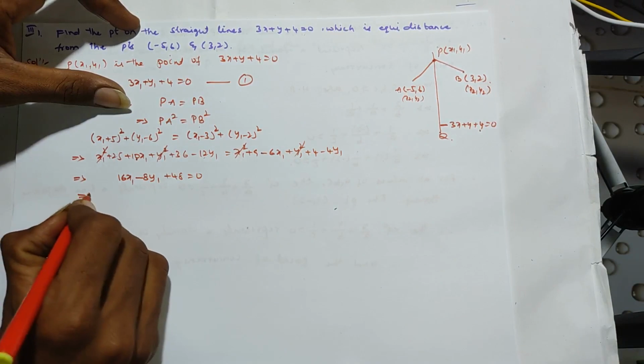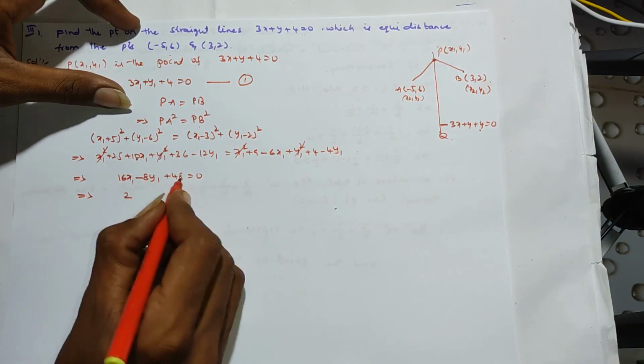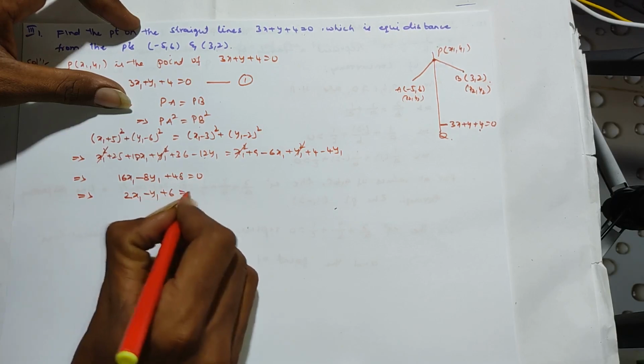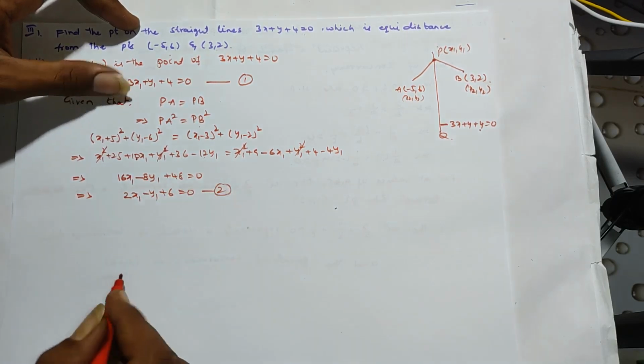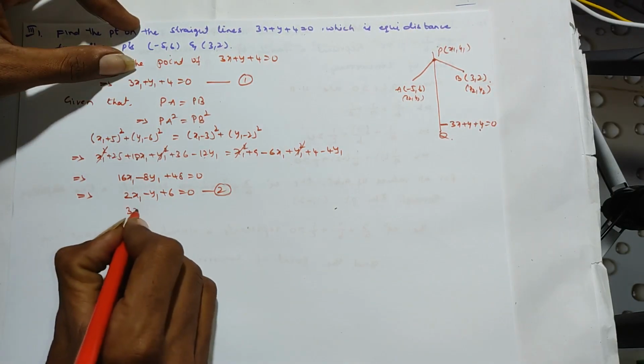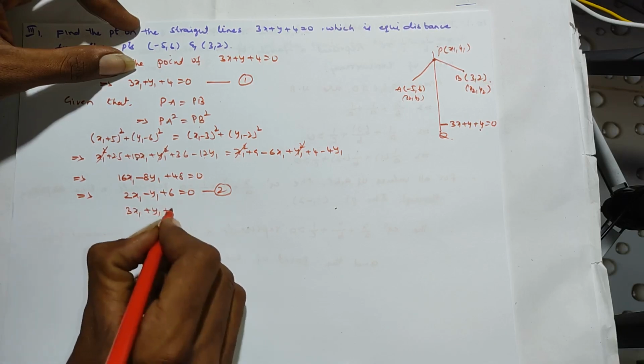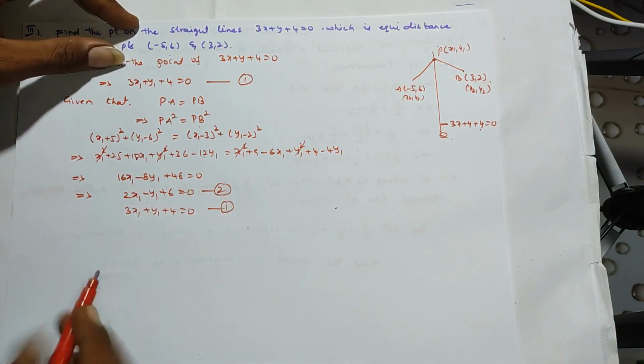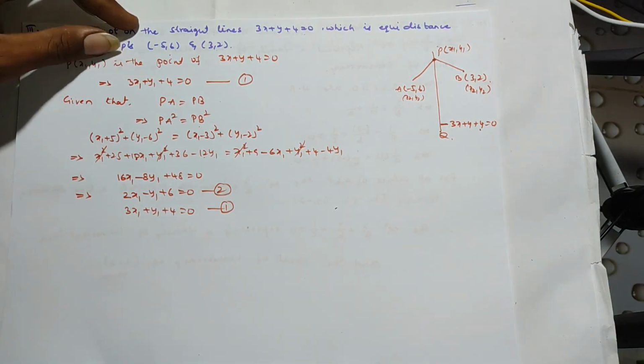It can also be written by taking 8 common from all: 2x1 - y1 + 6 = 0. This is the second line equation, and the first line equation is 3x1 + y1 + 4 = 0. On solving these two line equations, you get the x1 and y1 values.